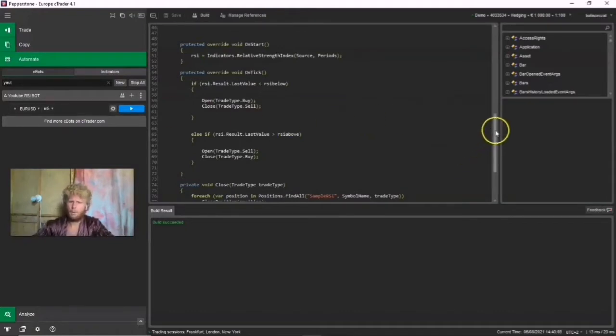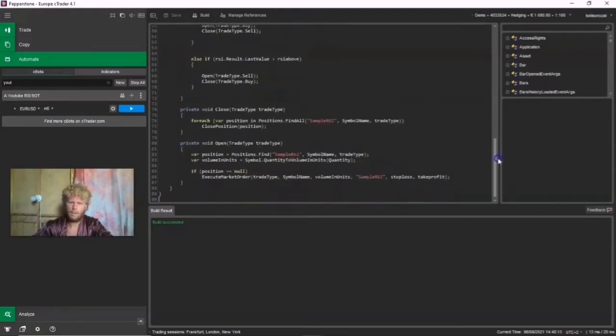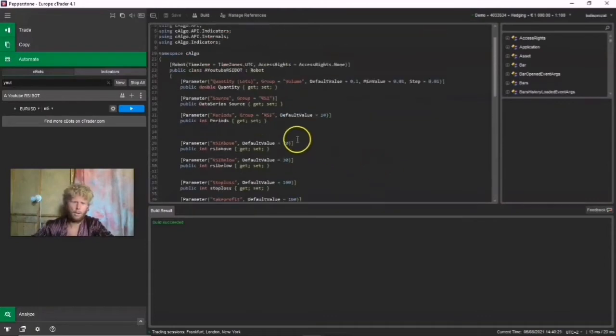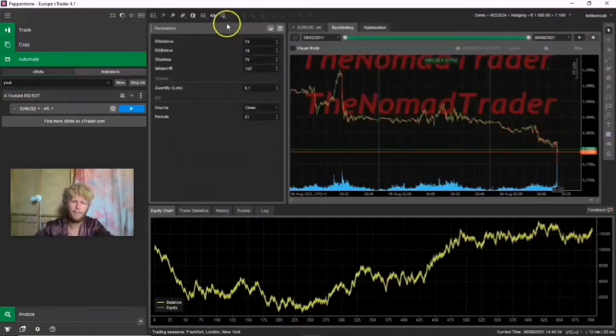Now, for this strategy, I think I won't use any stop loss and take profit. Yeah, I don't need this right now. It is not necessary to delete it, but why not?